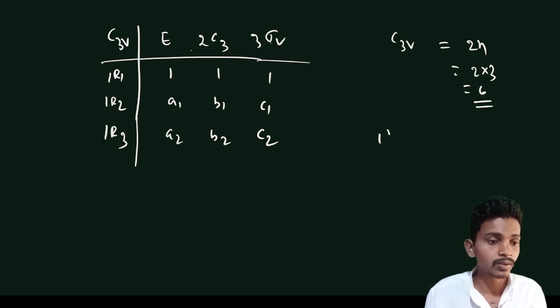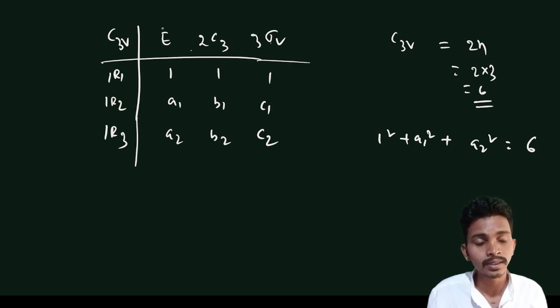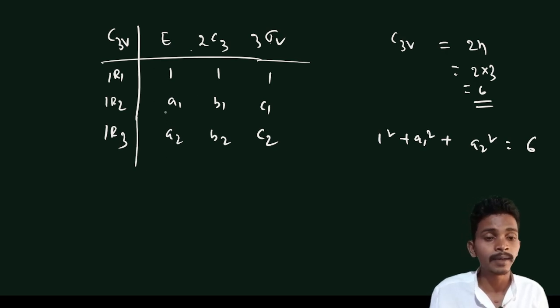So 1 square plus A1 square plus A2 square has to be 6. The identity elements are the dimensions, and the dimension is never 0, so I always put 1, never minus 1 or minus 2, because the dimension is always positive, like height is always positive. Okay, so this is 6. So here I will always put the positive value.